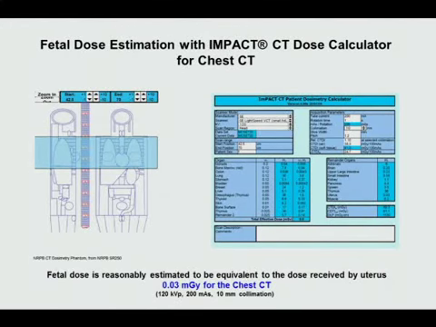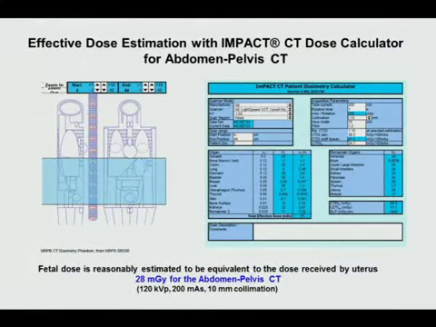For abdominal and pelvic CT, the fetal dose is reasonably estimated to be equivalent to the dose received by the uterus, which in this case is about 28 milligray for abdominal pelvic CT.